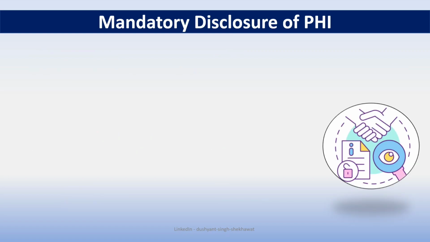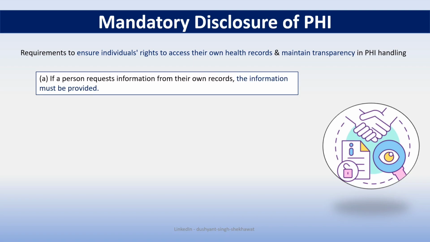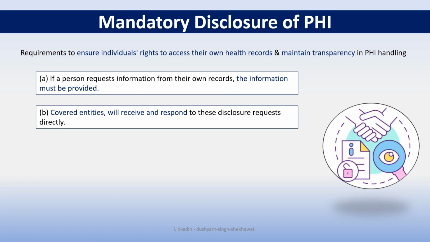Mandatory disclosure of PHI. These are requirements to ensure individuals' right to access their own health records and maintain transparency in PHI handling. If a person requests information from their own records, the information must be provided. Covered entities will receive and respond to these disclosure requests directly.